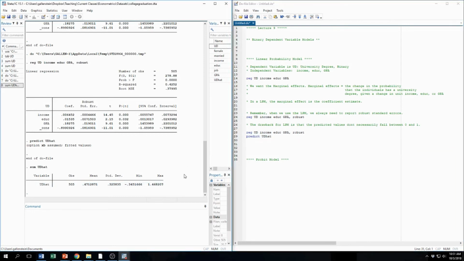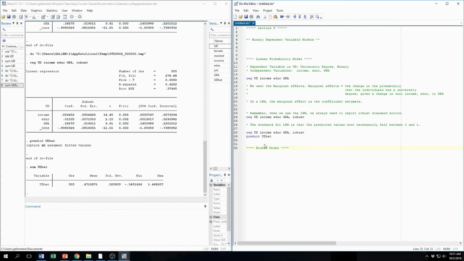This is a problem if we want those predicted probabilities. Sometimes in our analysis we need predicted probabilities. Sometimes we don't. If we need them, then the linear probability model is not the approach that we should use. Instead, we should use the Probit model.